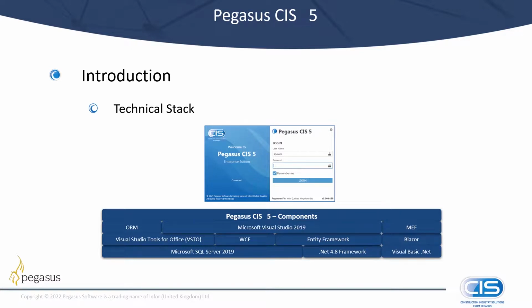We're using Microsoft Blazor as the web app development toolkit. We're using other things such as TLS 1.2 for the communication between the client and the server to provide enhanced security, and so on. But what you really should take away from this is that we are using the latest of the modern .NET technologies, and these are the tools we'll be using for future development of Pegasus CIS 5.